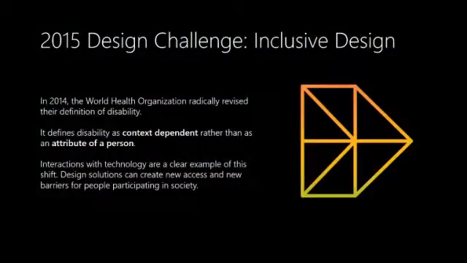This is just to say that it happens throughout our days and throughout our lives. And we think that by designing for the 1%, we end up benefiting everybody. So we just think it's a good design process.